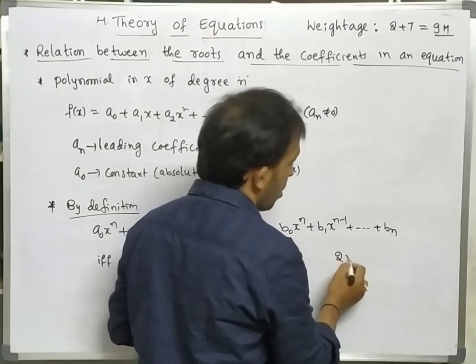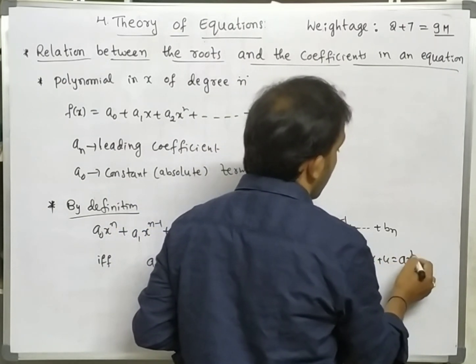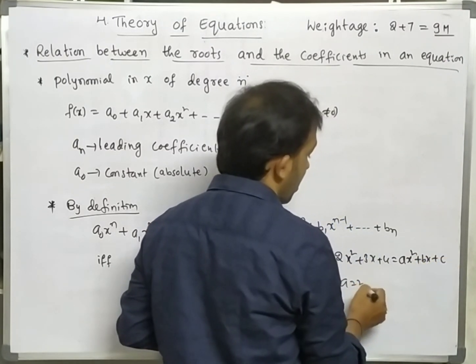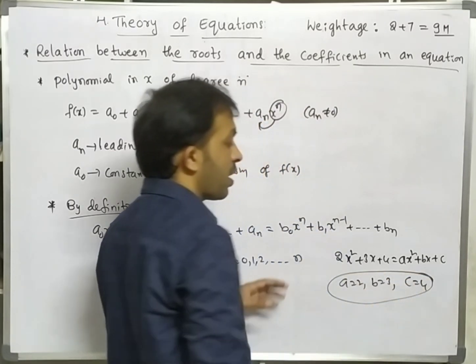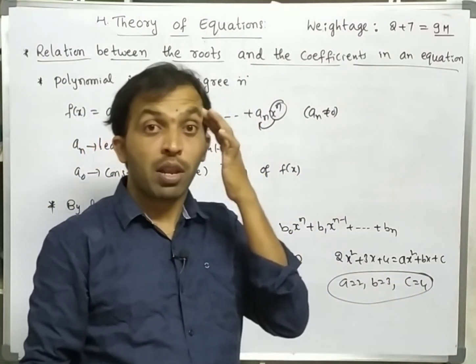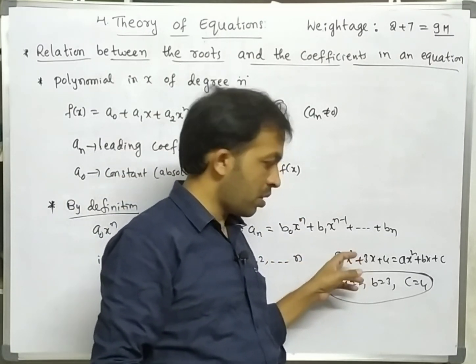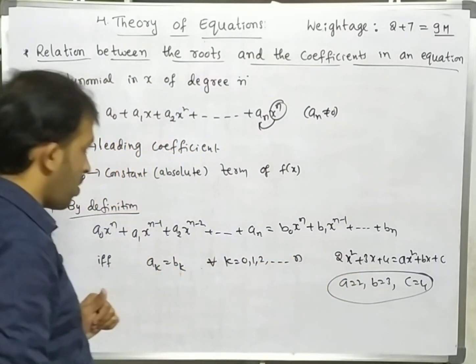For example, 2x² + 3x + 4 = ax² + bx + c. Then on comparing, we get a = 2, b = 3 and c = 4. Like that we can compare corresponding coefficients, the coefficients of similar powers of x are equal. So this is the point.